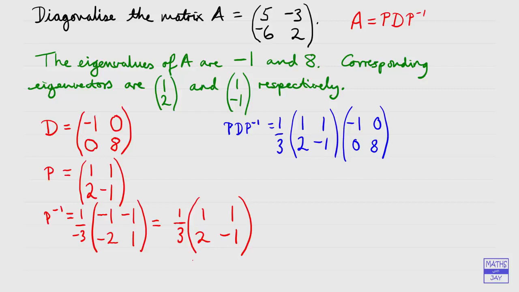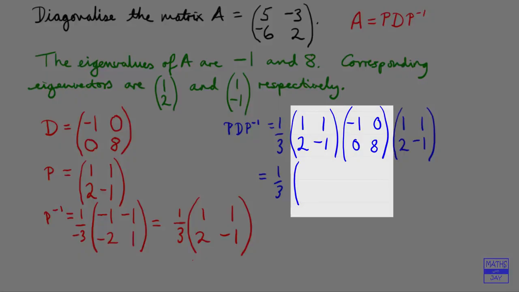It'll make life easier if we do the fractional part at the end. So it doesn't really matter what order we do this in. But it's going to be easier to just leave the third until the end. So what we can do is multiply the first two matrices together first of all. It doesn't actually matter what order we do this in.